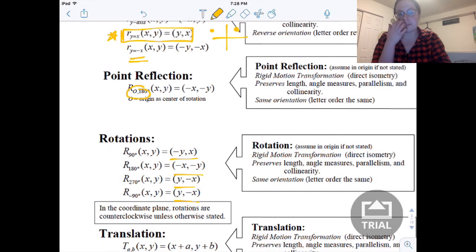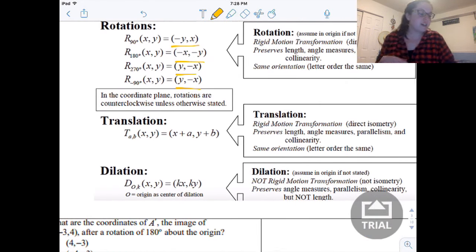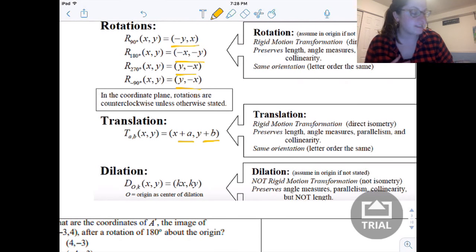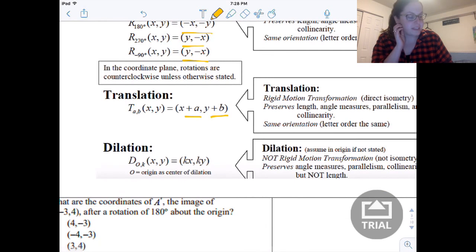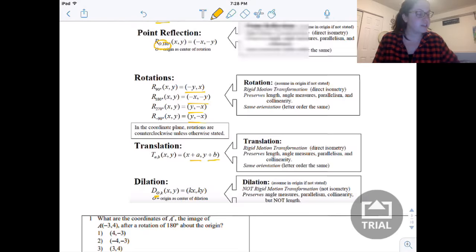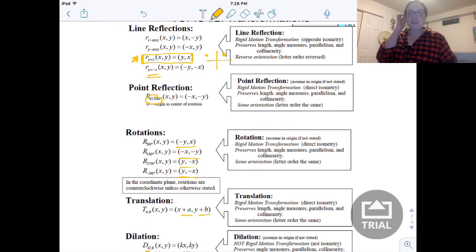And then translations, you just move by that amount on your x and move by that amount on your y. And a dilation from the center of rotation, if that's 0, 0, you just multiply by your scale factor, okay? Remember that with translations, rotations, and reflections, these are all rigid motions.